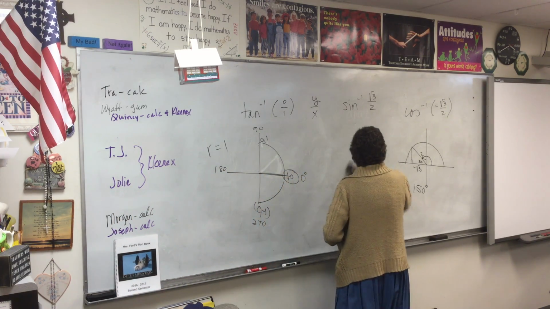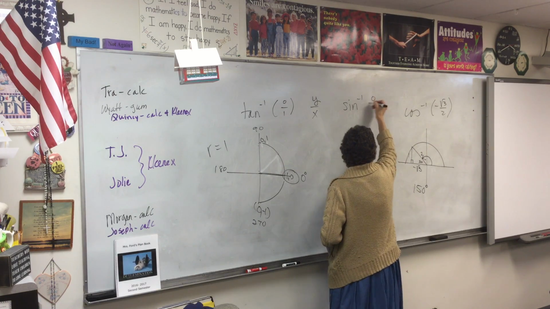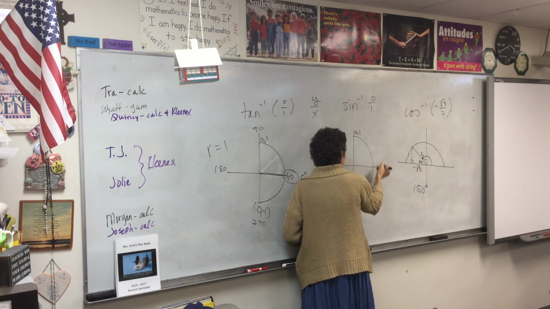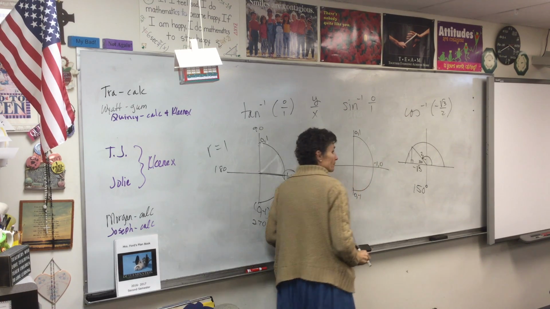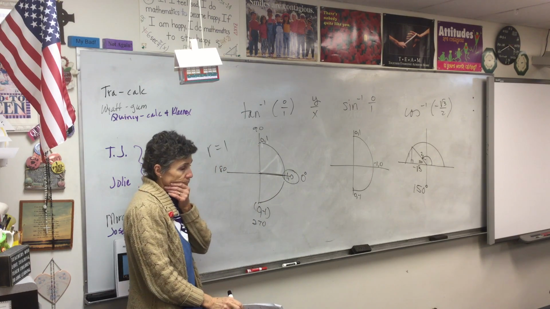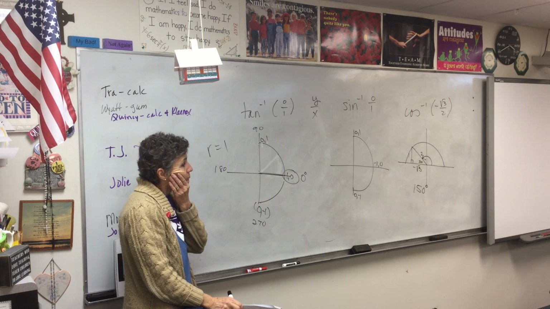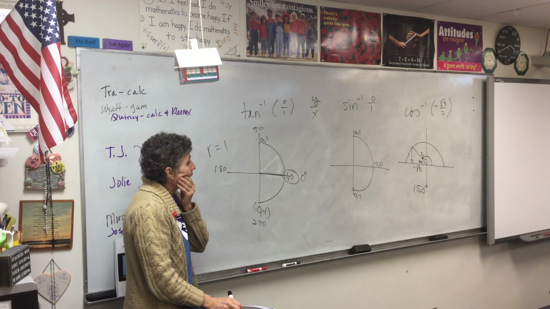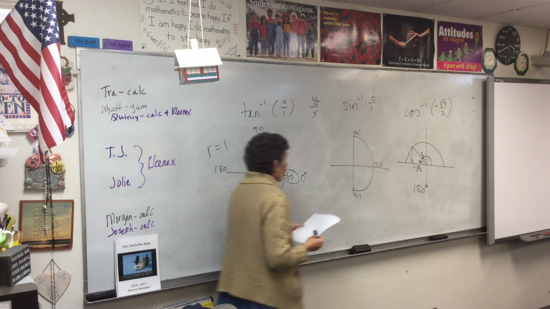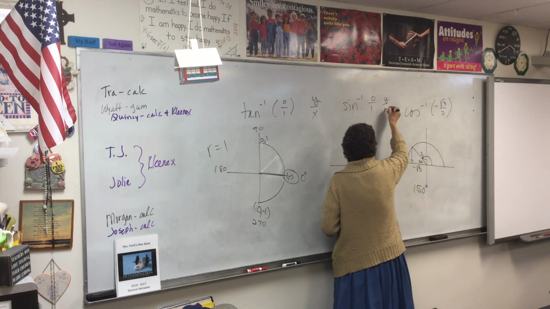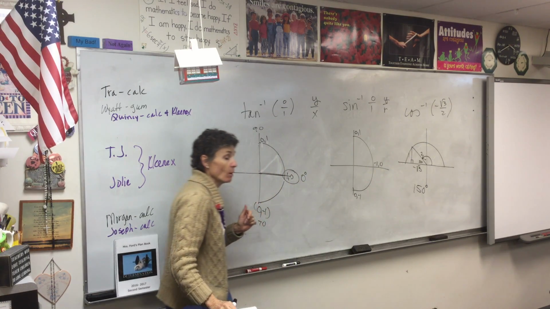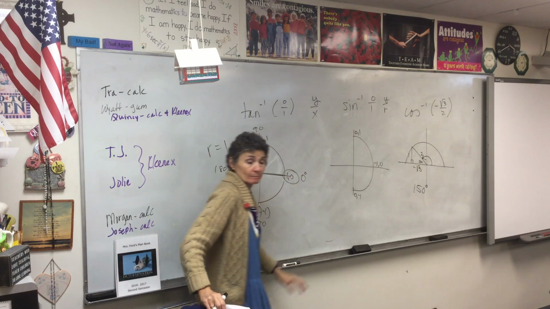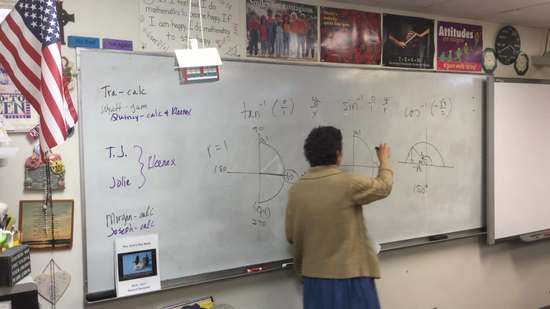Now the next one is another 0. So I am going to look again on the axis. I'm going to look at these points. And I am going to figure out where y over r is 0. Why am I using y over r? Because that is sine. Now the radius is automatically 1. We said that.